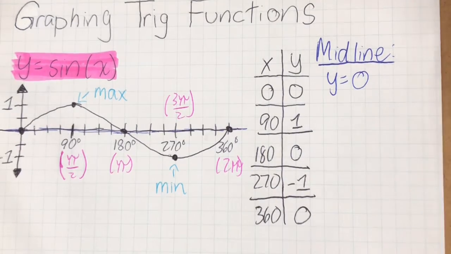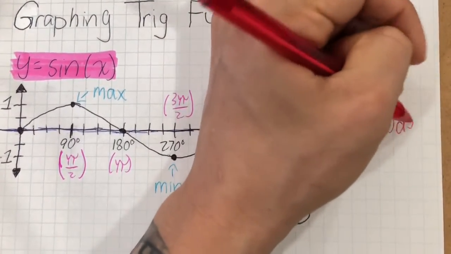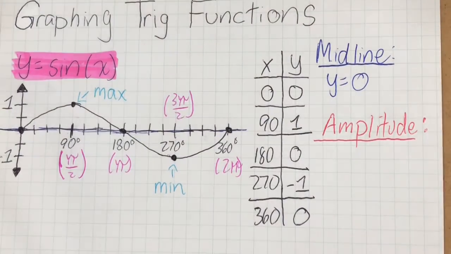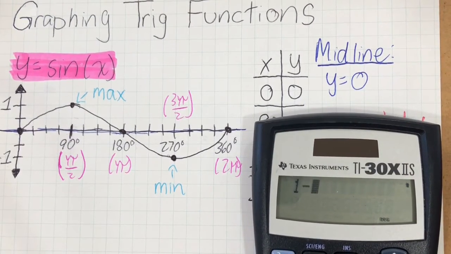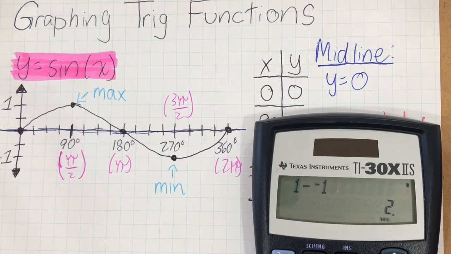All right. So now let's go ahead and figure out the amplitude. For the midline, we added the outputs for maximum and minimum. So for amplitude, we're going to subtract them. So we have 1 minus -1. We get 2. And then we divide by 2 or multiply by half. We get 1.